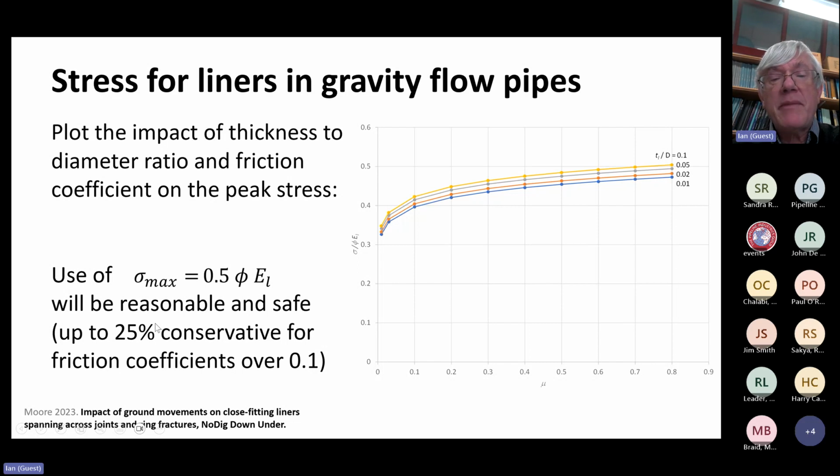And this might be up to about 25% conservative for friction coefficients over about 0.1. But instead of having to figure out what that friction coefficient might be, we can just take a conservative estimate of it and get a decent design estimate for our assessments.